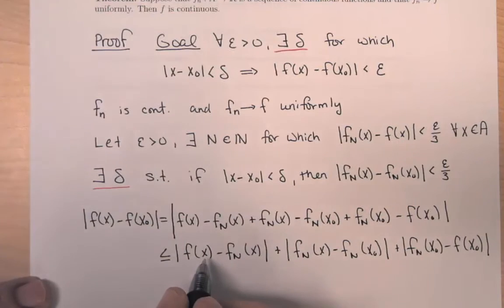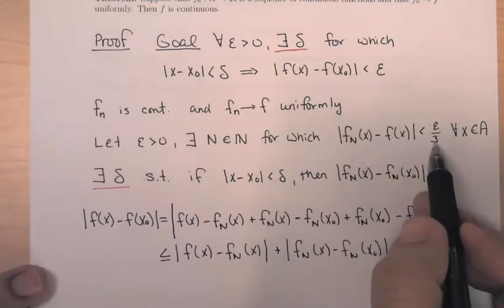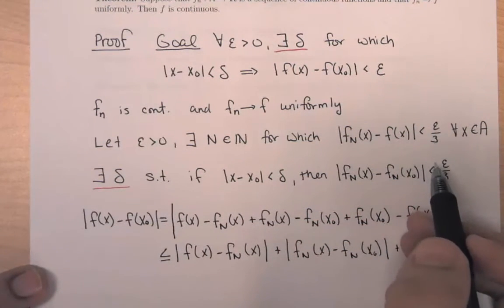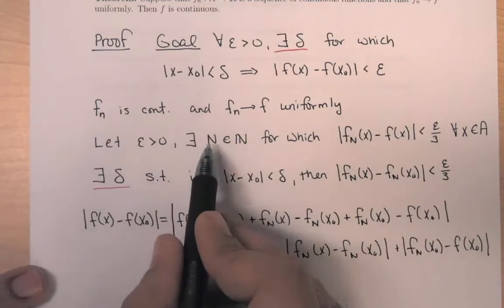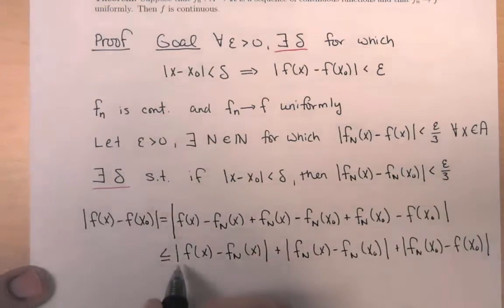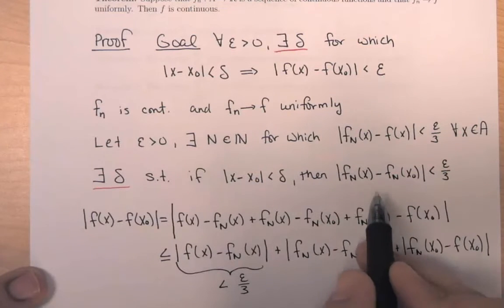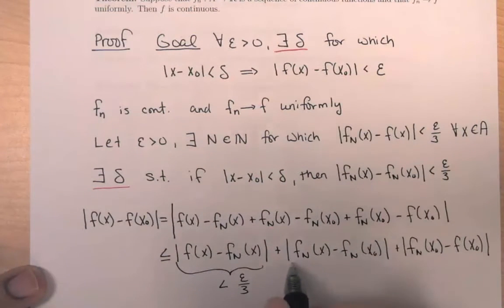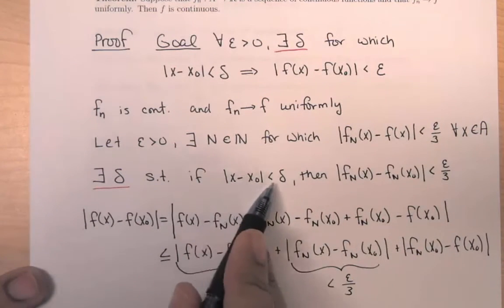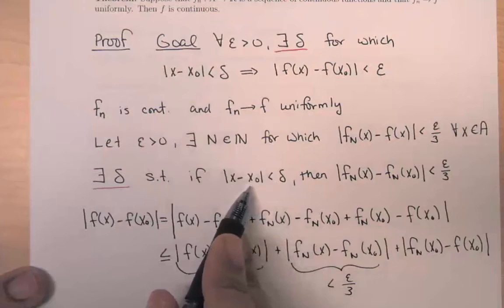Now this term here, we know, is less than epsilon over 3 for this n that's guaranteed to exist. This term here, by the continuity of fn of x, we've also guaranteed is less than epsilon over 3, so long as this condition is true.